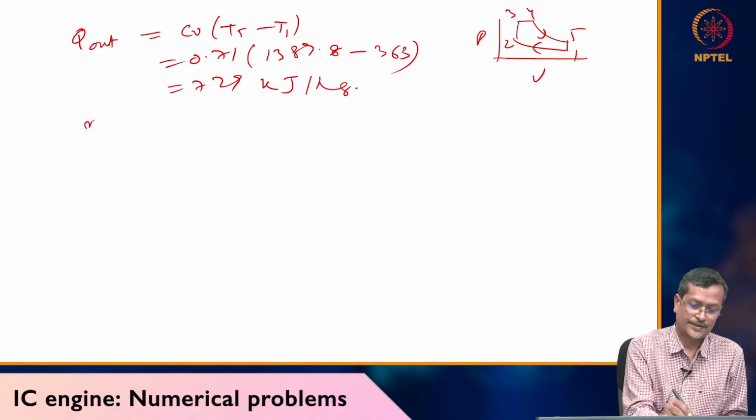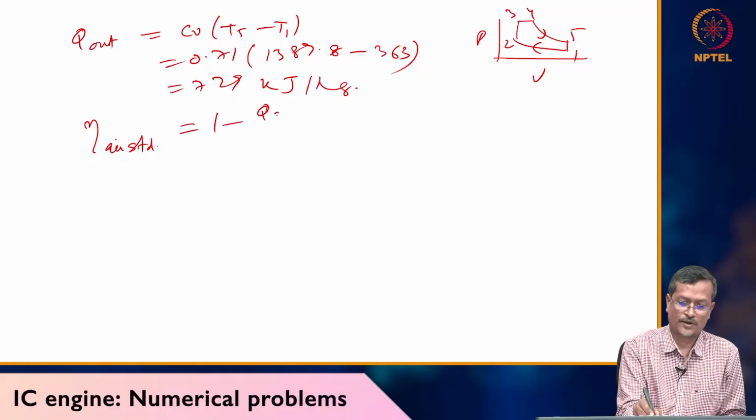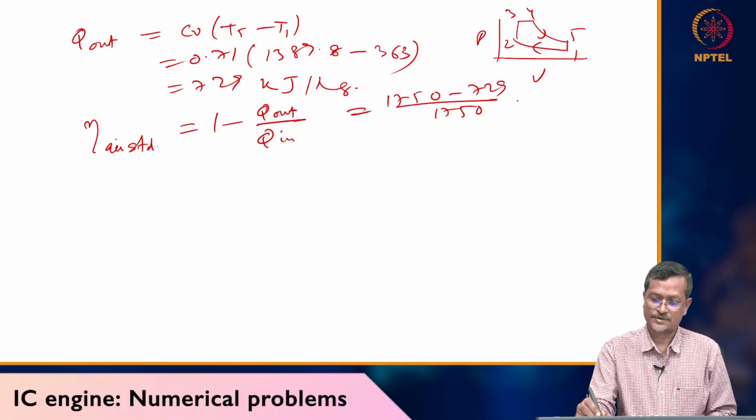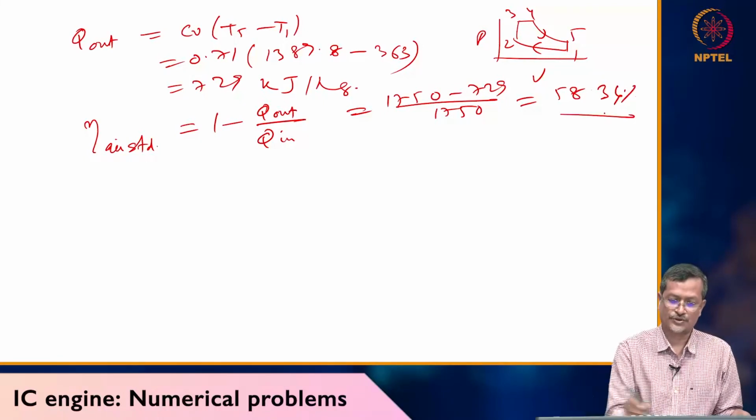Okay, so eta air standard efficiency equals 1 minus Q out divided by Q in, equals (1750 minus 729) by 1750. So this is giving 58.34%. So this is the solution.